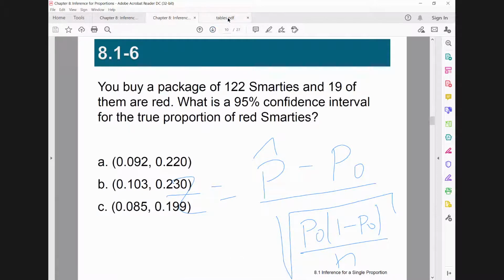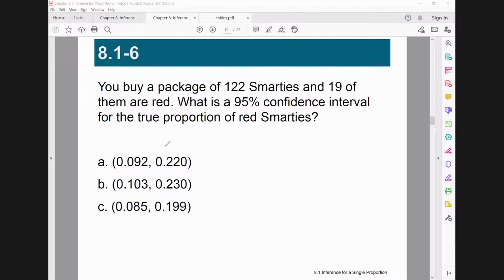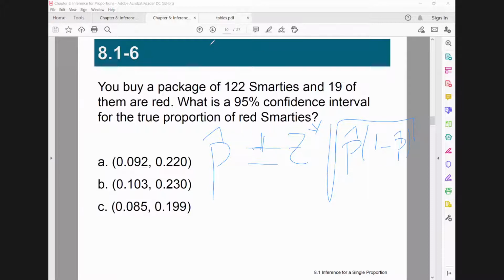Here we have to estimate P. That means we have to write P equal P hat plus or minus M. What about M? M is equal Z star times root P hat times 1 minus P hat over n, plus or minus.